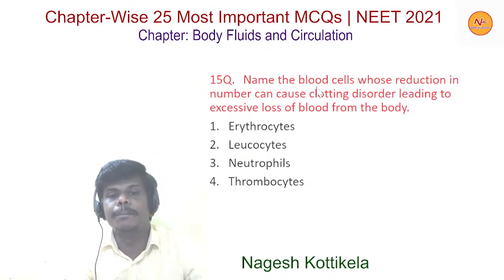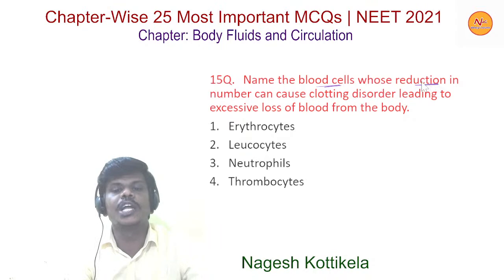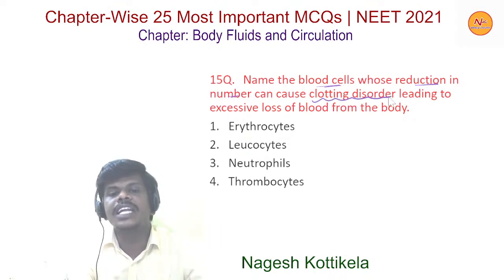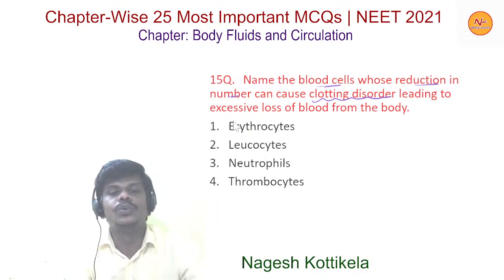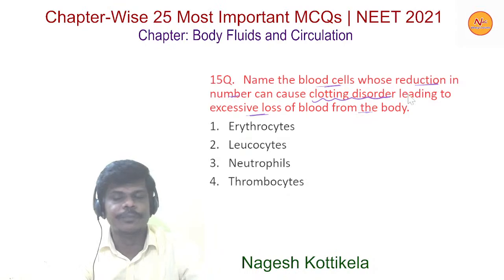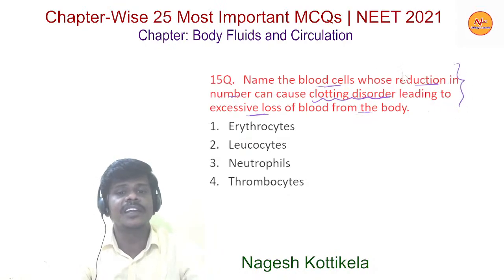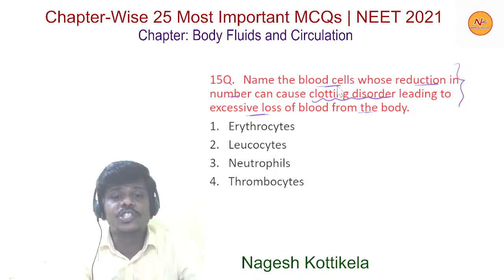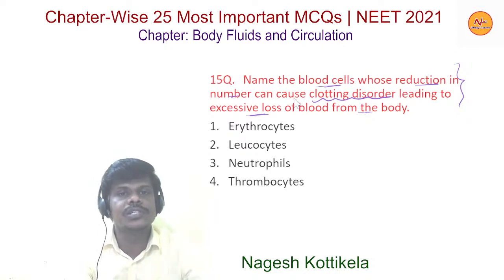Name the blood cells whose reduction in number can cause a clotting disorder leading to excessive loss of blood from the body. I repeat this question once again. Name the blood cells whose reduction in number can cause clotting disorder leading to excessive loss of blood from the body.